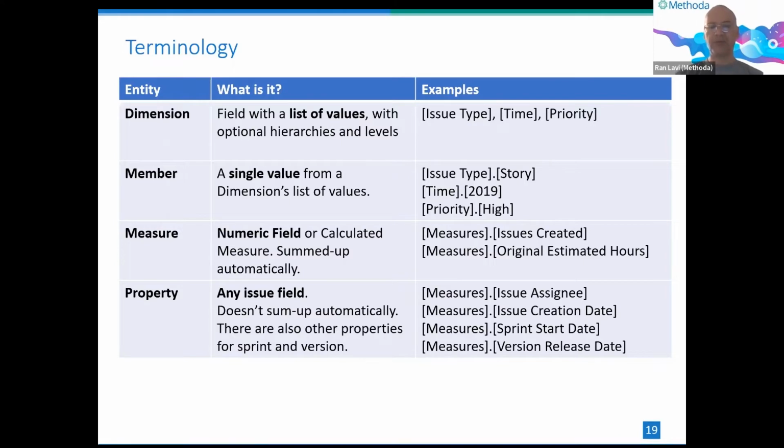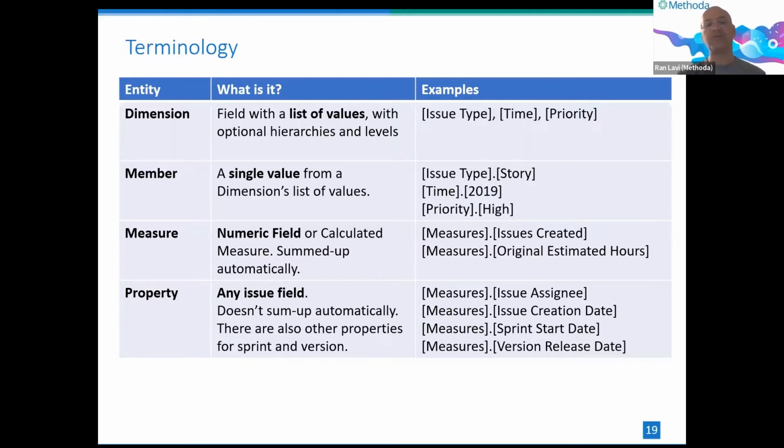Basically, what you need to know is that a measure, once you import a numeric field from Jira, or you use the built-in EazyBI measures, is automatically summed up. The default behavior of EazyBI is to sum up the measure, not minimum, not maximum, not average, nothing. It is summing up. This is the automatic behavior.